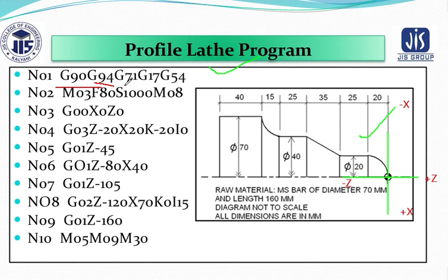And G71 is what? Metric code. Again I am writing, that means the dimensions are given in metric. G71 is your metric programming. So don't worry, it is all about metric programming.